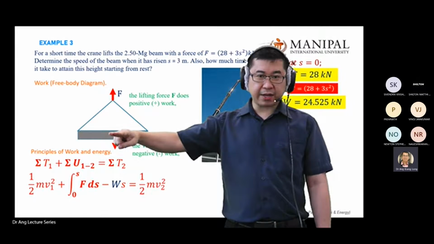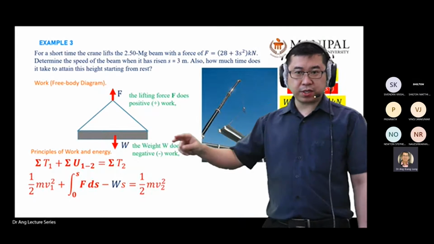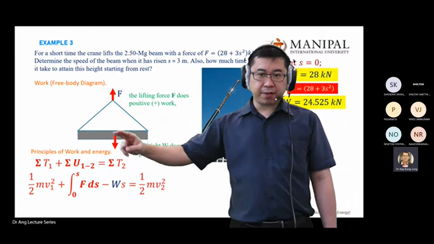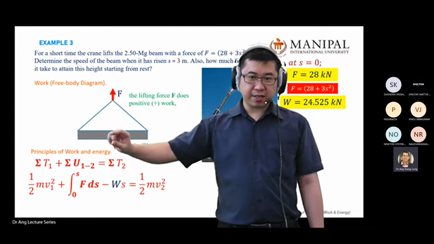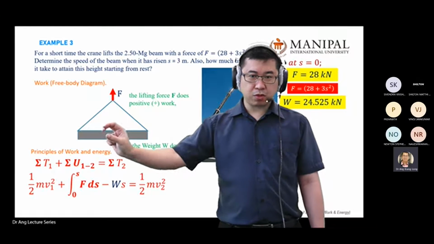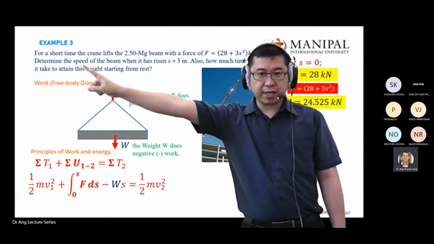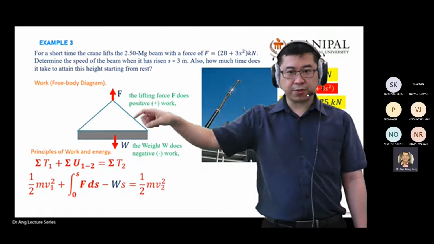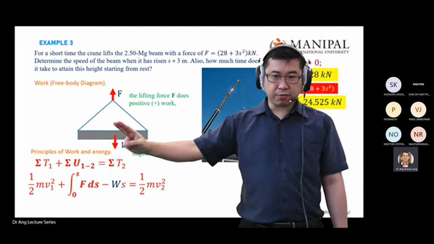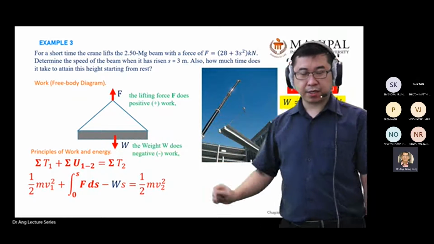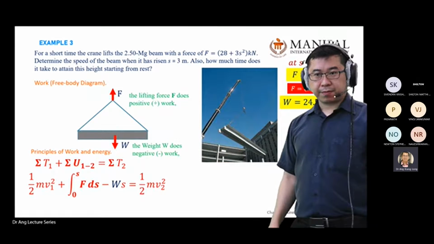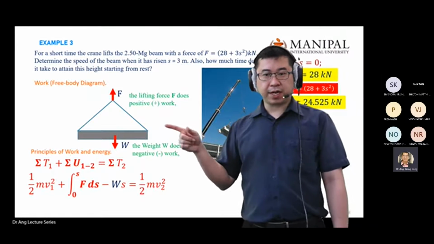What happened? I re-engineer the question. I flip or rotate the beam to 30 degrees. Meaning I add a statement: during the lifting, there is an imbalance of force, and I tilt the object here. So you need to be careful on that.